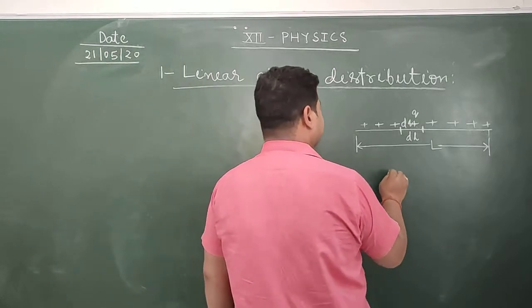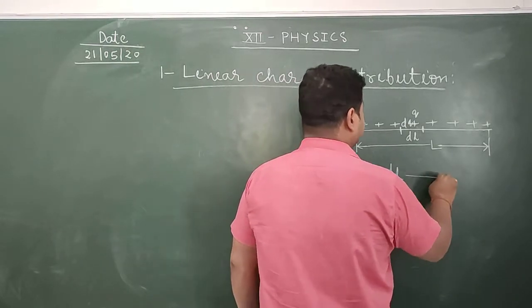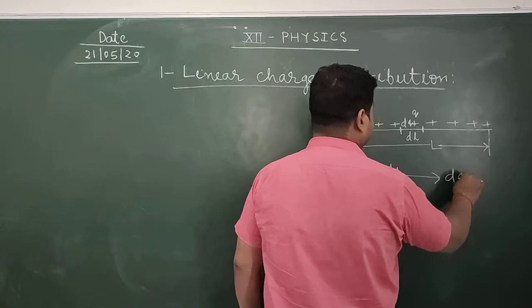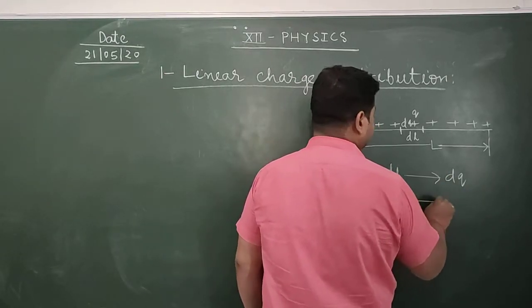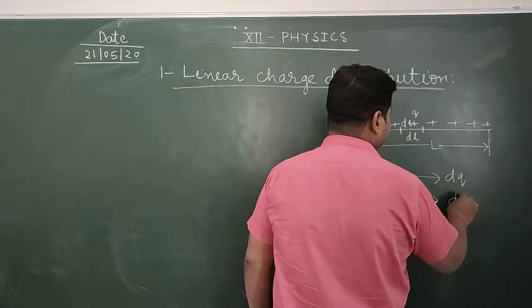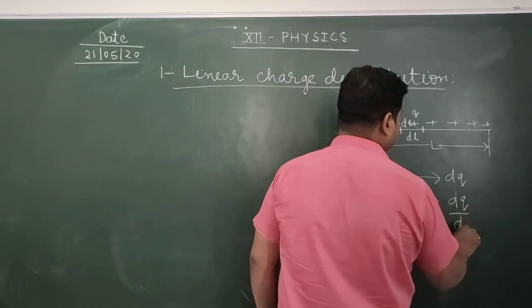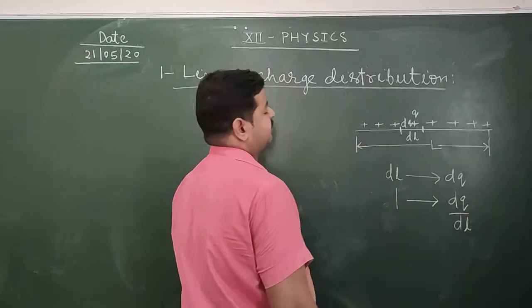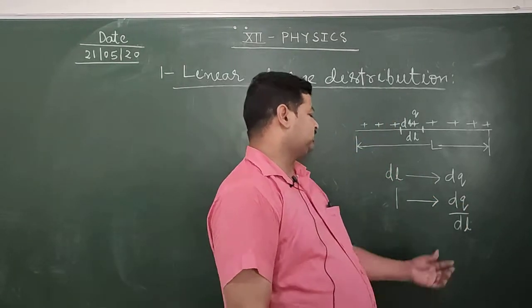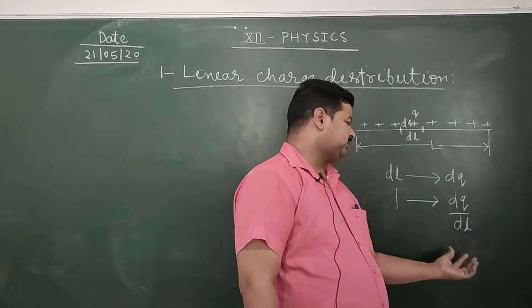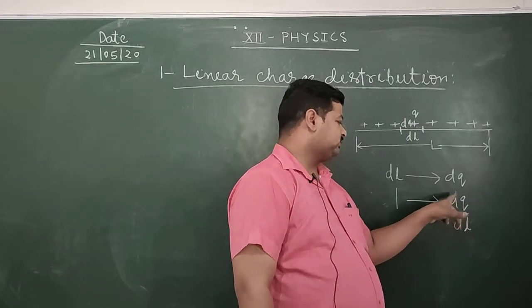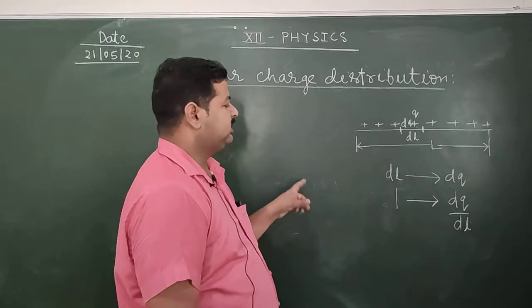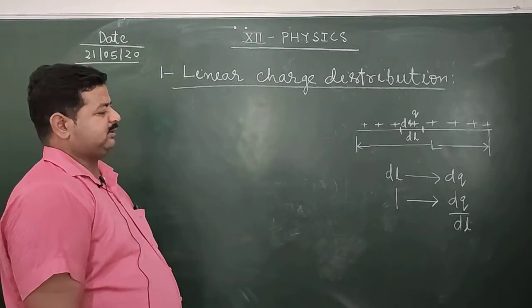So here in length dl charge is dq, so per unit length charge is dq by dl. This is known as charge per unit length. Clear? Charge per unit length. So this charge per unit length is called linear charge density.